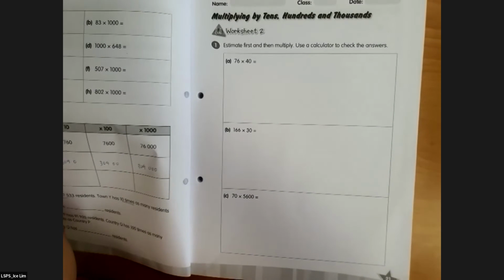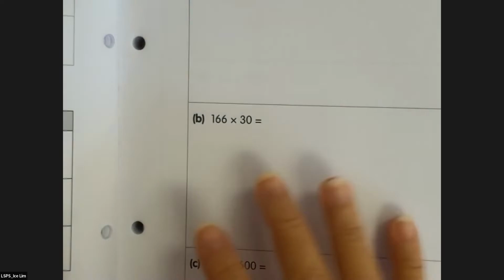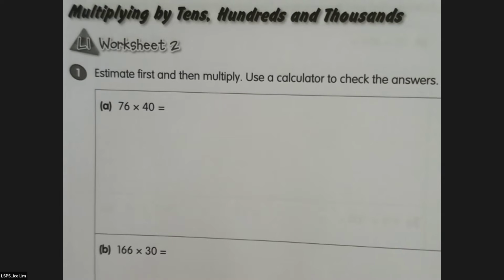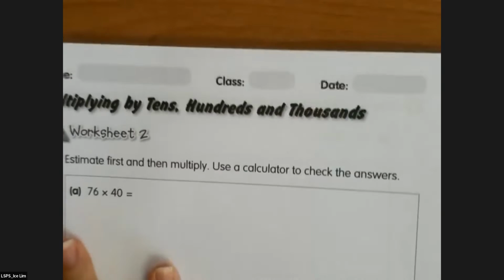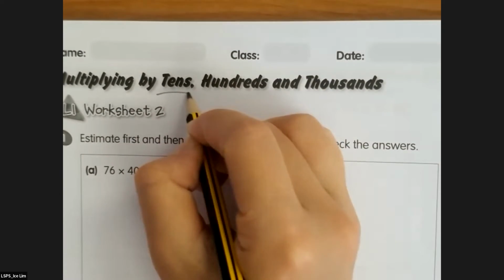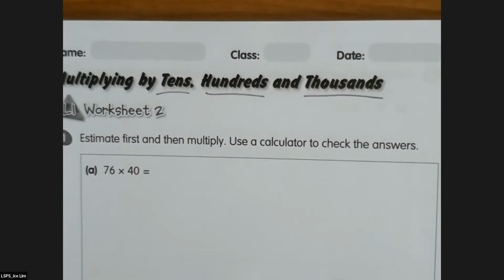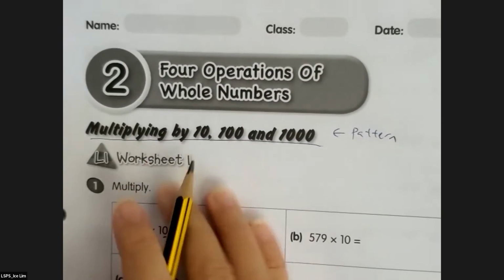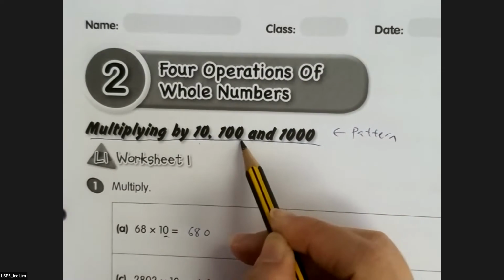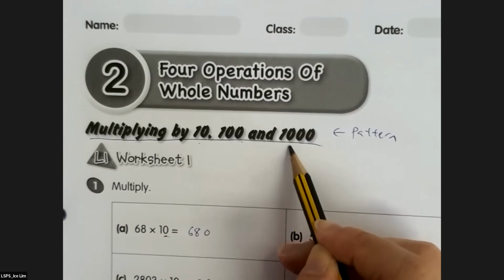For example, let's look at this one. This is page 21. It says here, so today we are going to attempt this chart, multiplying by tens, hundreds, and thousands. It's slightly different from the first page where you see multiplying by 10, 100, and 1000.